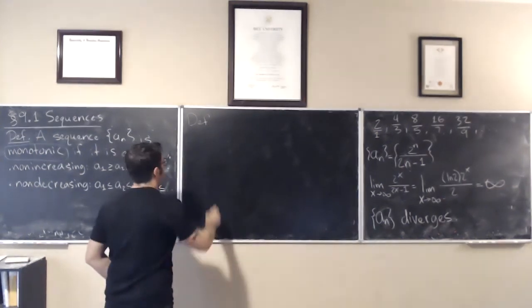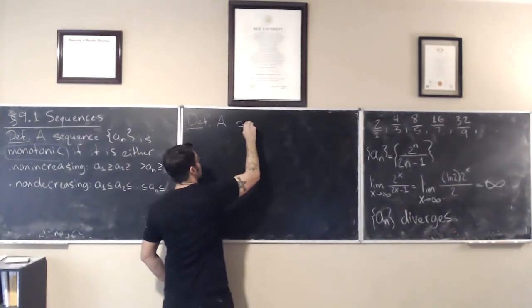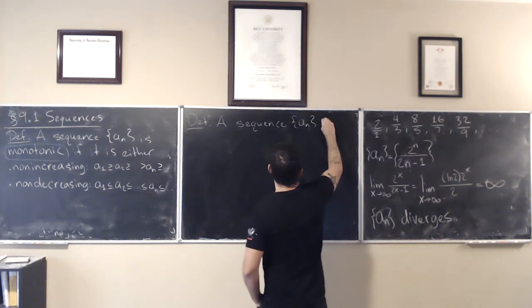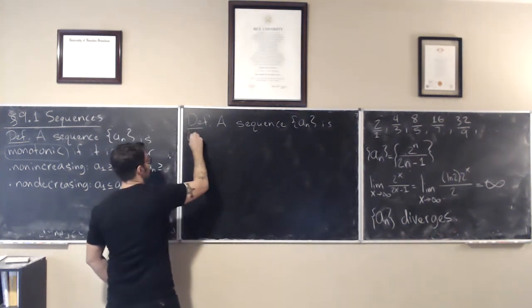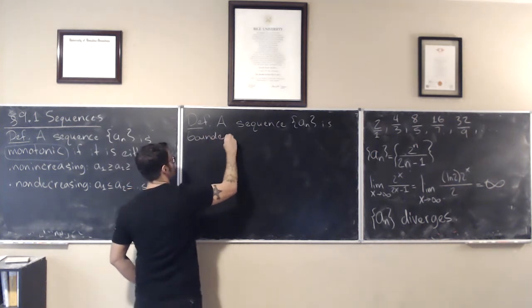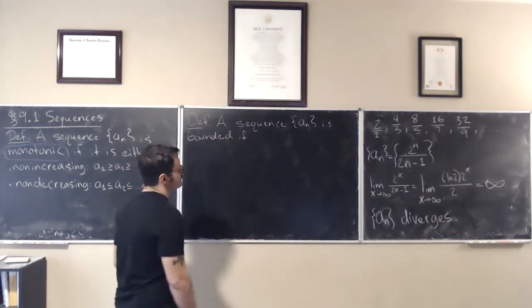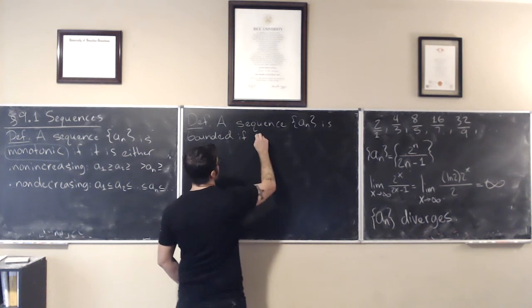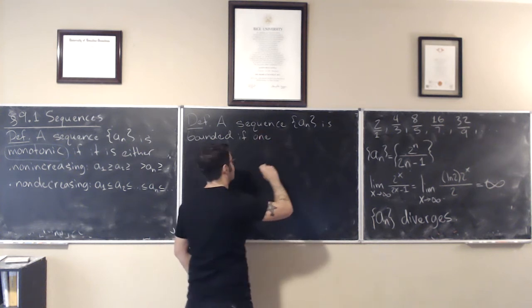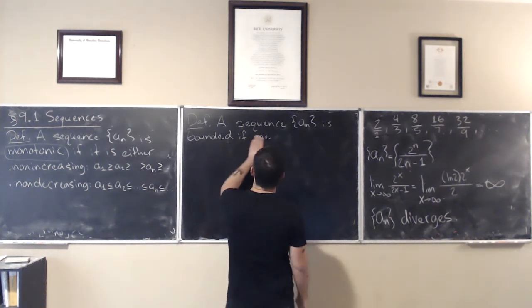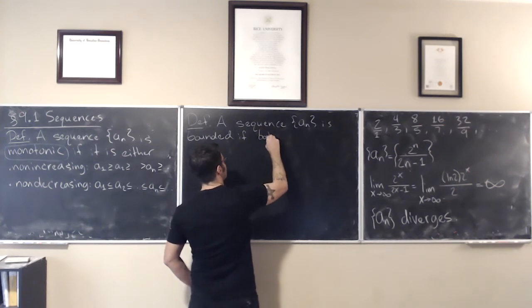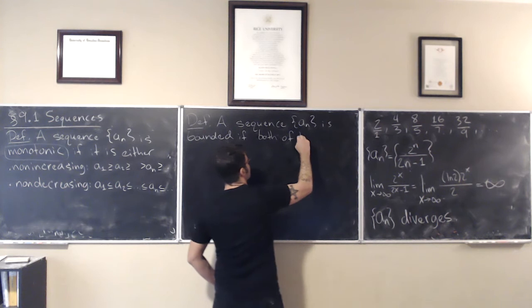Okay, so definition: a sequence an is bounded if one or more of the following holds. If both of the following hold.